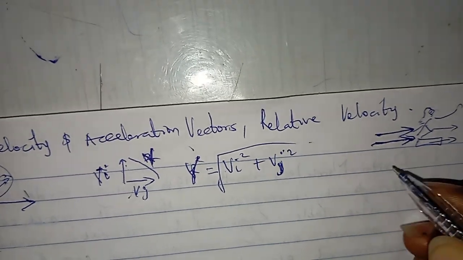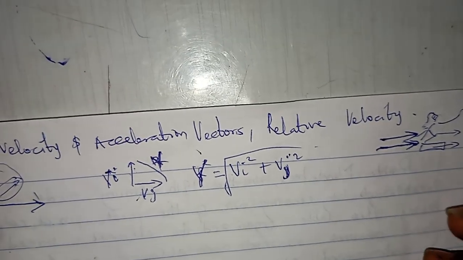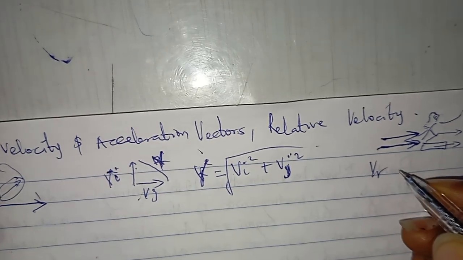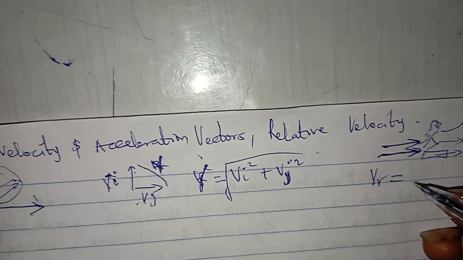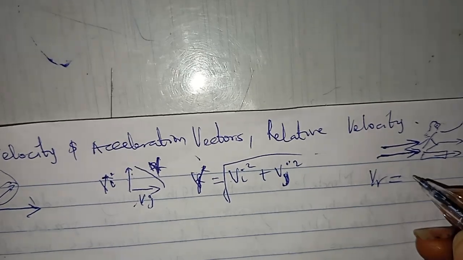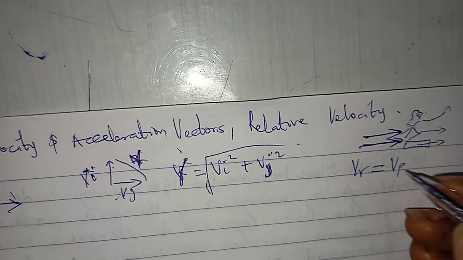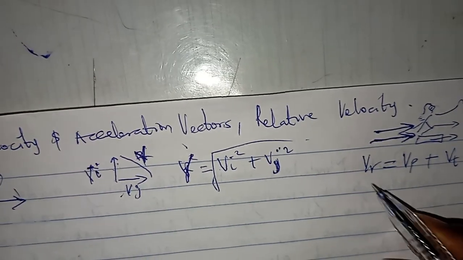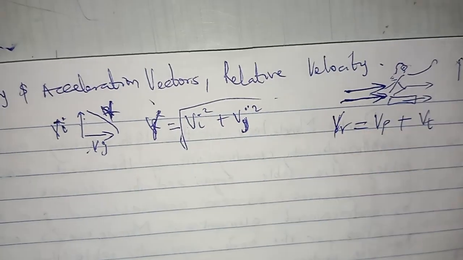They are moving horizontally, both of them. Since they are moving horizontally, there is no vertical motion here. So the relative velocity, the total motion here, is simply going to be in the x-axis. This velocity will simply be the velocity of this person moving plus the velocity of the train. That is what the relative velocity will be.